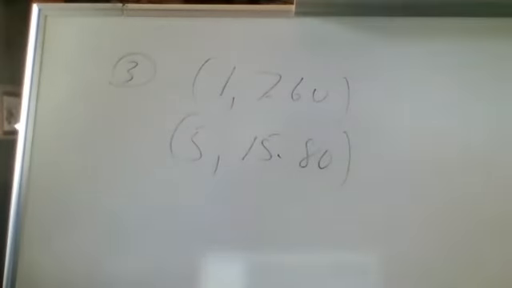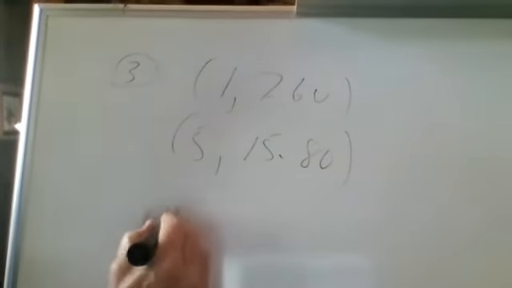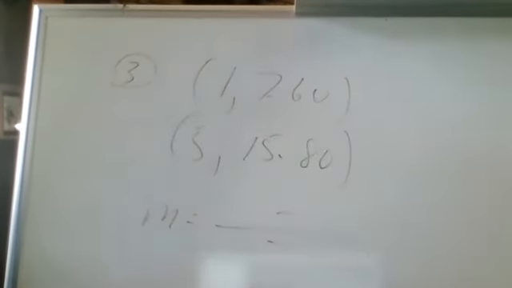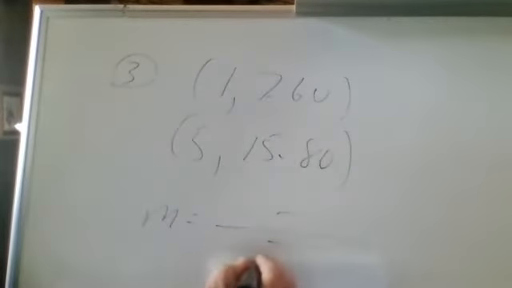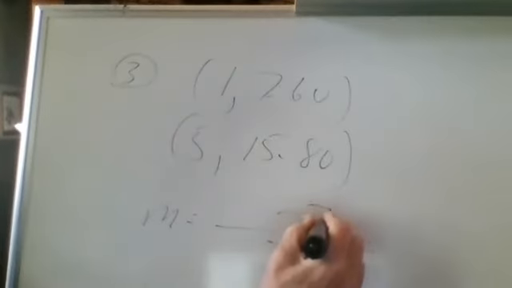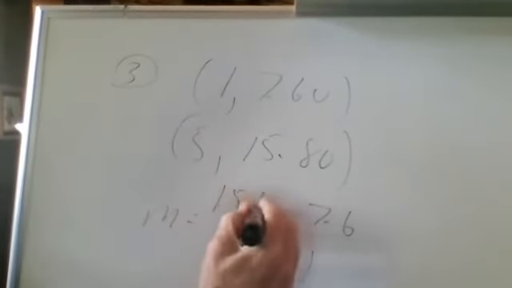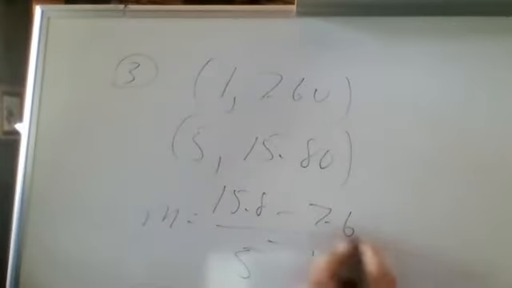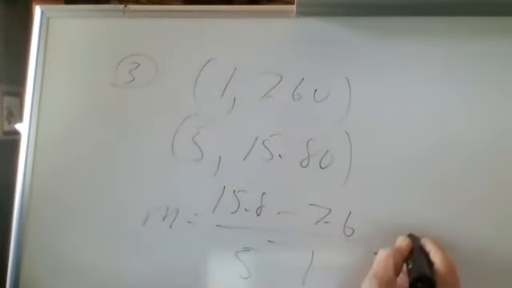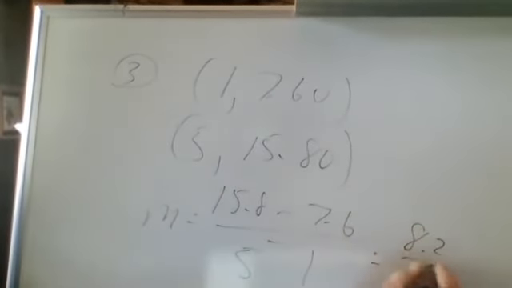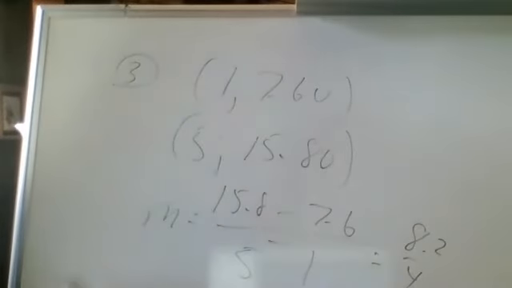So that is another ordered pair. So how much would it cost for an 8 pound package if it's linear? All right, so linear, let's find the slope. 1 goes on the bottom, 7.6 goes on the top, 5 goes on the bottom, 15.8 goes on the top, okay? 15.8 minus 7.6 is 8.2. 5 minus 1 is 4, okay?